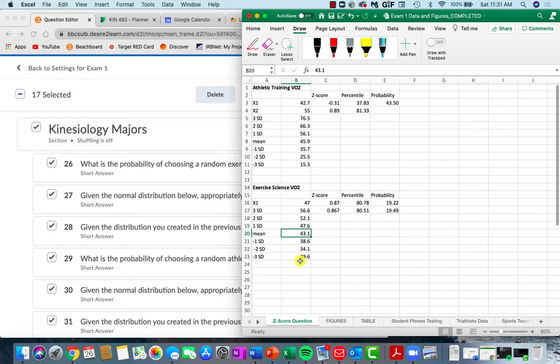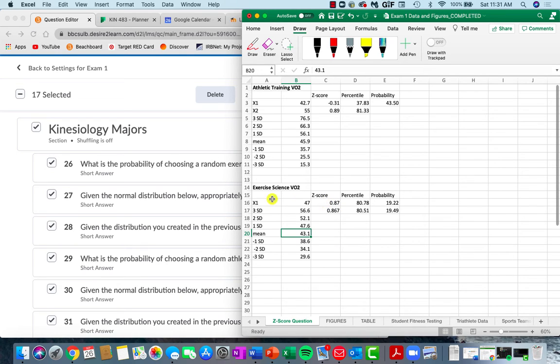If you were adding those amounts in, that was also an acceptable way to label things, where the mean would be the 50th percentile, above the mean going up towards 100, and below the mean going down towards 0. So there was a little bit of leeway with how you answered.